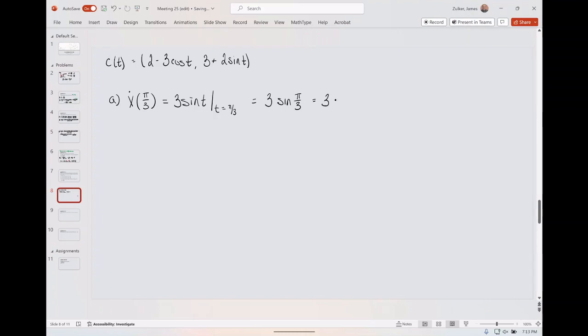What's sine of pi over 3? Square root of 3 over 2.